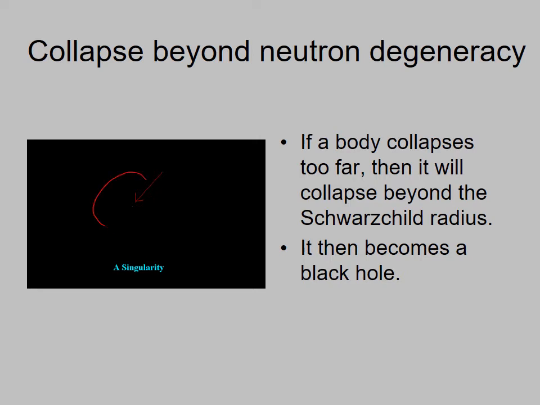Anything inside the Schwarzschild radius, which you can calculate, as I did in an earlier lecture, is this region of space where you're stretched beyond the breaking point, beyond the elasticity. You're stretched to the point that if you try to figure out how much you've stretched, you have to multiply by something that is the square root of a negative number.